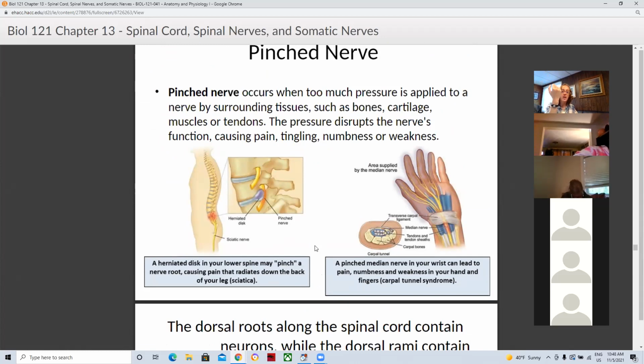However, one thing you can do that won't hurt so badly: kind of skipping ahead a little bit, here's your medial epicondyle. Here's your olecranon process. Pinch right there, put pressure right there.